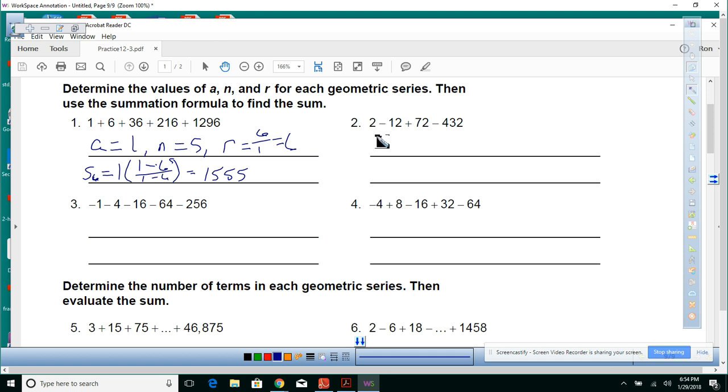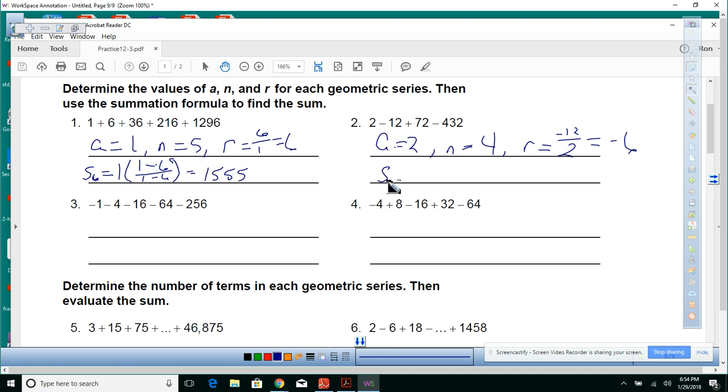Number 2. A is 2. N is 1, 2, 3, 4. N is 4. And R equals negative 12 divided by 2, and that equals negative 6. So let's see.